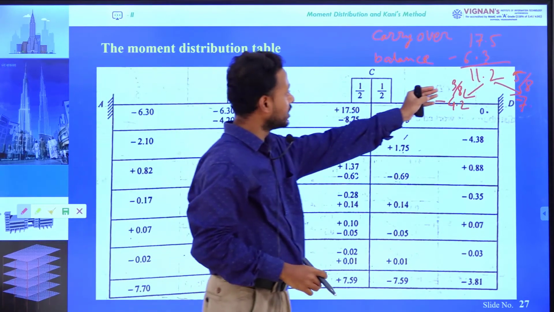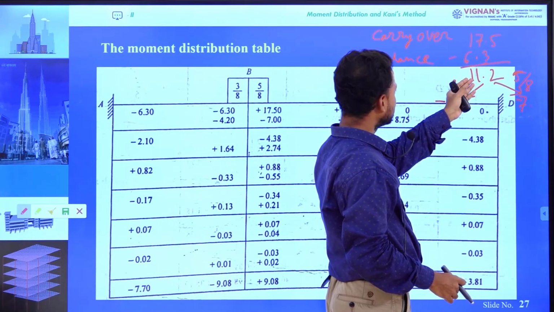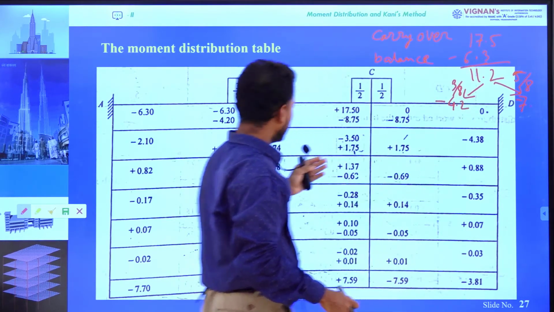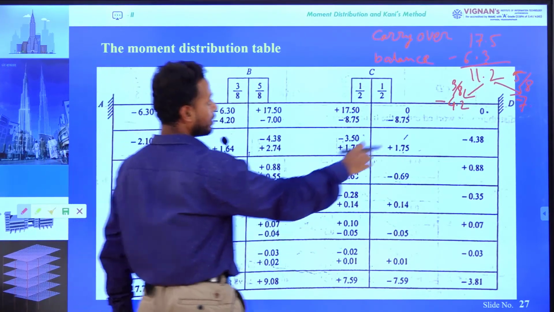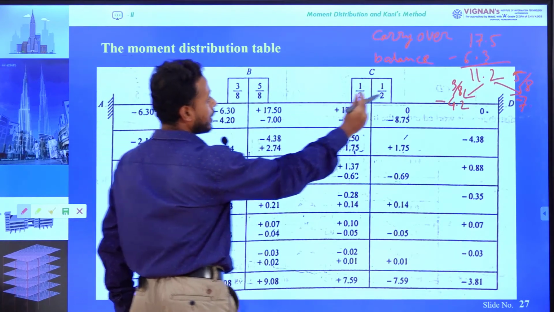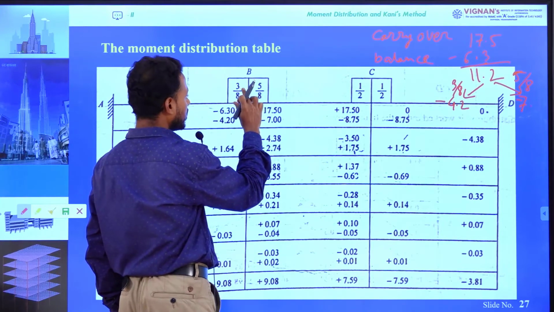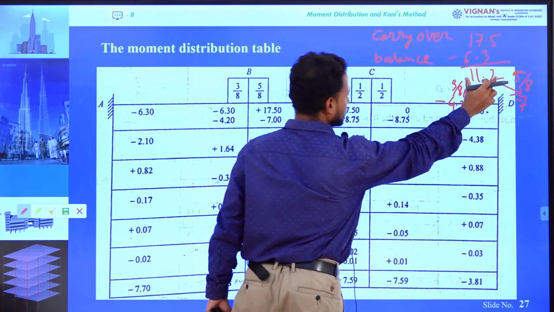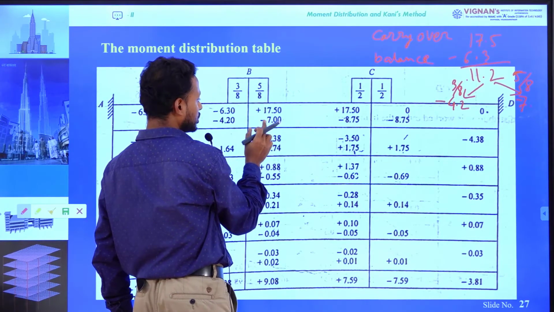Whatever balance moment you are getting by adding these two moments, you multiply that balance moment with the distribution factor and write it here with opposite sign.